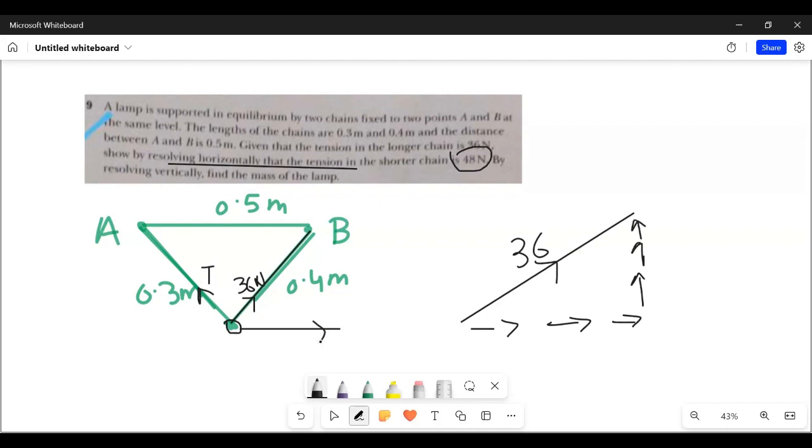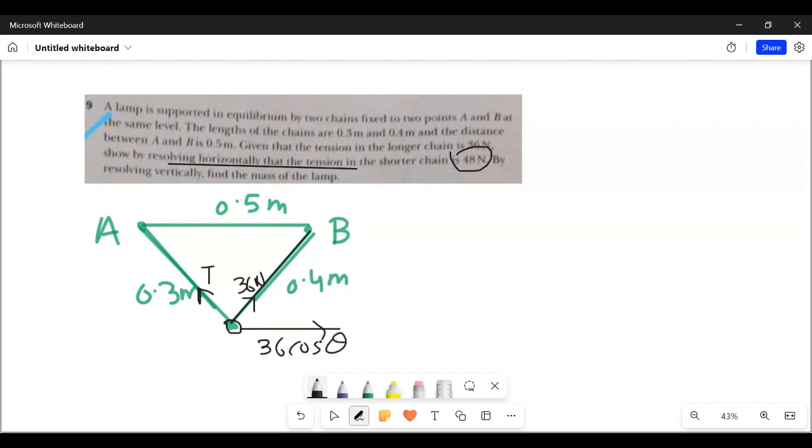So this horizontal component is going to be 36 cos theta. But what is theta? This is the angle theta, right? And from alternate angles, this is that angle theta.